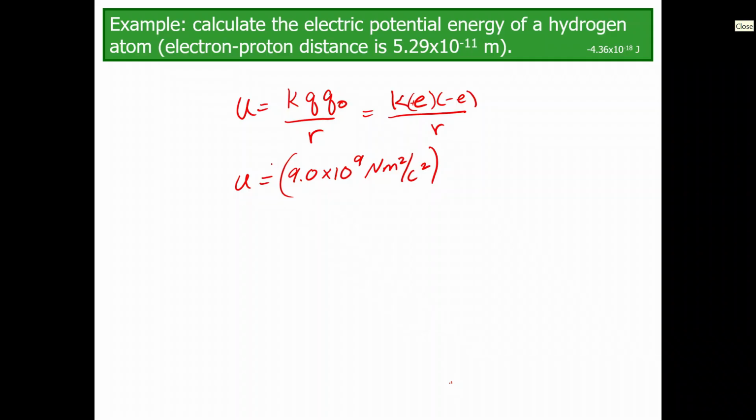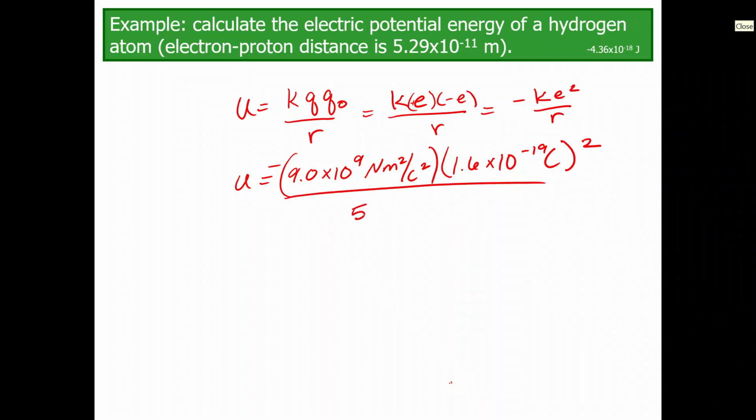Positive e, actually I simplify this down, this is going to be a negative k e squared over R. So that's going to be 1.6 times 10 to the negative 19th coulombs squared. And then their separation distance is 5.29 times 10 to the negative 11th meters.